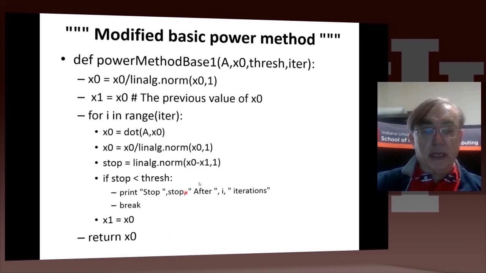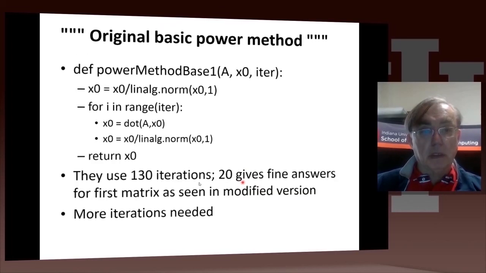This is just a minor change, which if you cared about it will save computer time. This is then just a repeat of this function. We don't need to go through it again, but in the page that I took from the web, they use 130 iterations. In the first example we do, with the matrix A I gave you already, 20 iterations is more than enough. In other cases, you need more than 20.